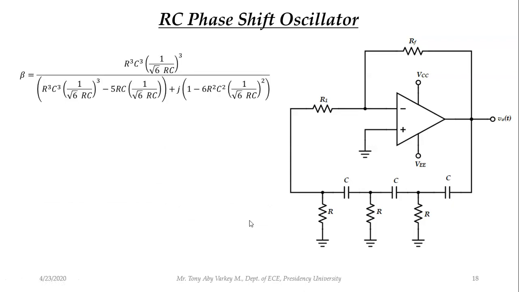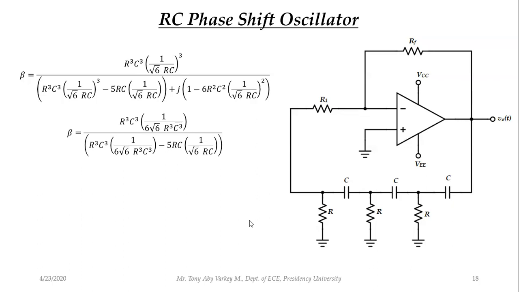After expansion, square root of 6 cube will be 6 square root of 6, and R cube C cube and R cube C cube will get cancelled, RC and RC will get cancelled. This is 1 minus 1, that is 0, so the imaginary part will become 0.